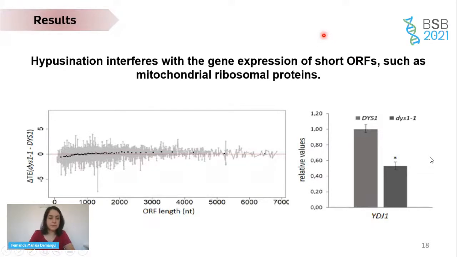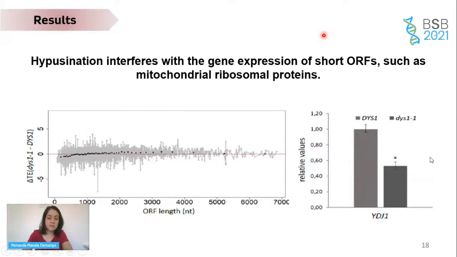As observed in the ASC1 mutant, ORFs under 500 nucleotides in the GIS11 mutant presented lower translation efficiency values. Additionally, the GIS11 mutation is synthetically lethal when combined with the ASC1 mutation, and the overexpression of the GIS1 gene is toxic to an ASC1 mutant strain.